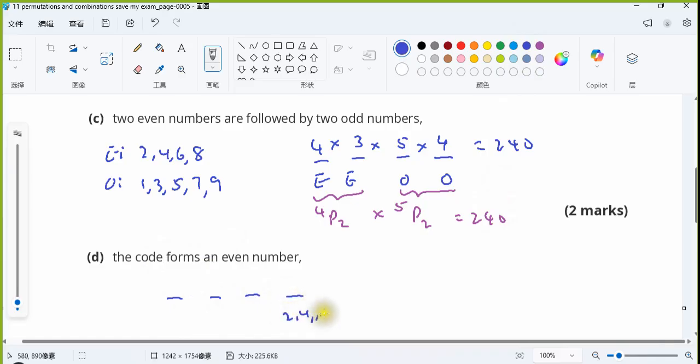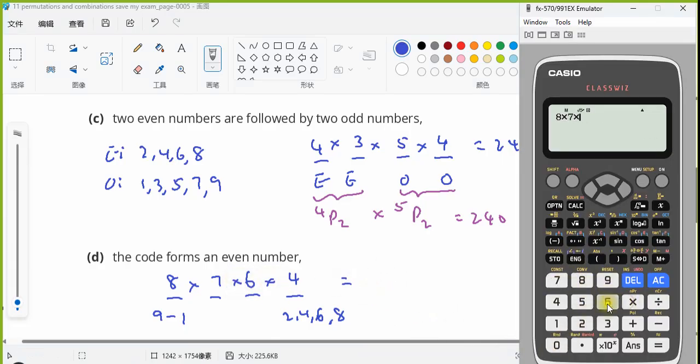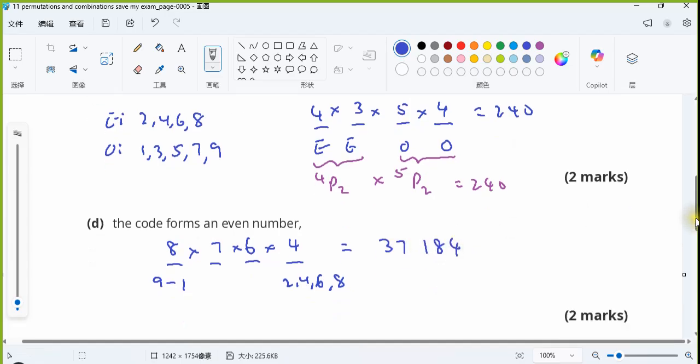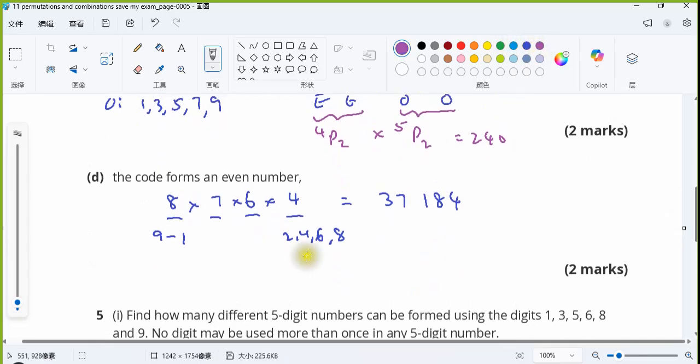Yes. And then the code formed is an even number. So the last digit is 2, 4, 6, 8. Out of 4. So for the other digits we have 9 minus 1, 8, 7, 6. So this will be 8 times 7 times 6 times 4. Or what we can do here is we have 4P1 here, and then this is 8P3.